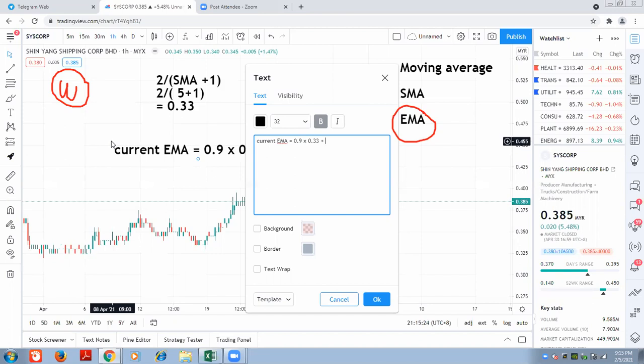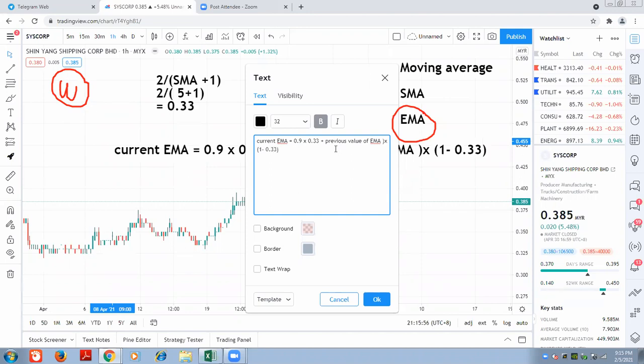This uses the current value, so we need to observe the previous value of EMA. So we call that the previous value of EMA, and then multiply by 1 minus 0.33.